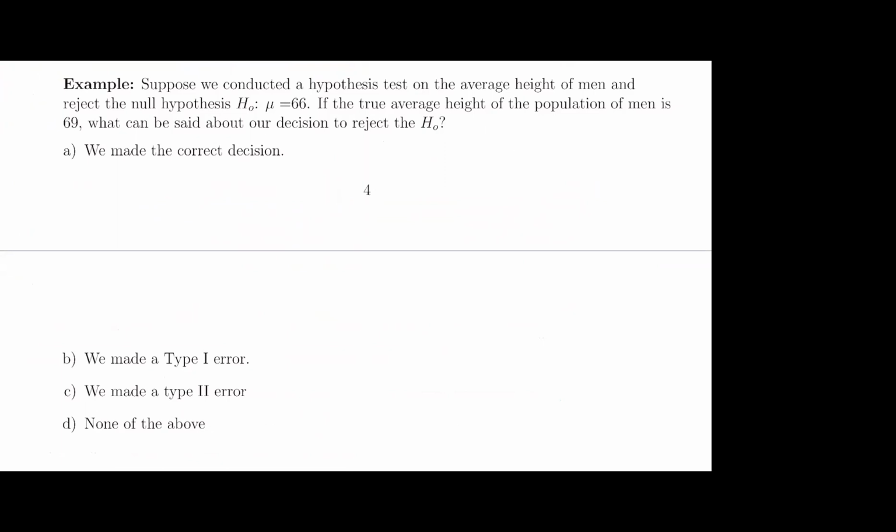So for this problem, it says, suppose we conducted a hypothesis test on the average height of men and reject the null hypothesis. The null hypothesis is that mu is equal to 66. If the true average height of the population of men is 69, what can be said about our decision to reject the null hypothesis? So the null hypothesis is that the average height of men is 66.